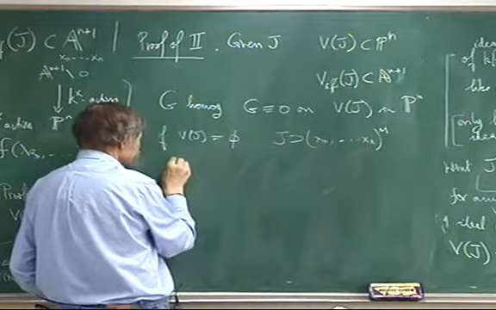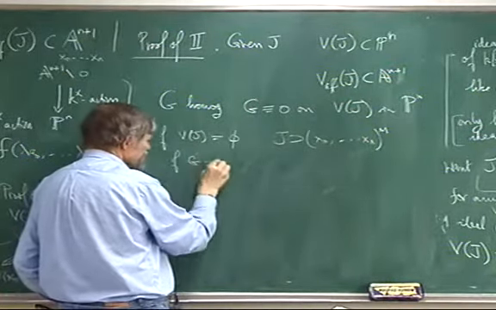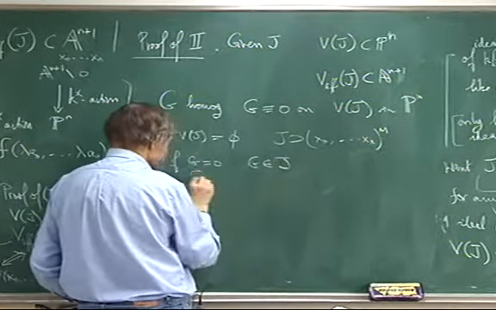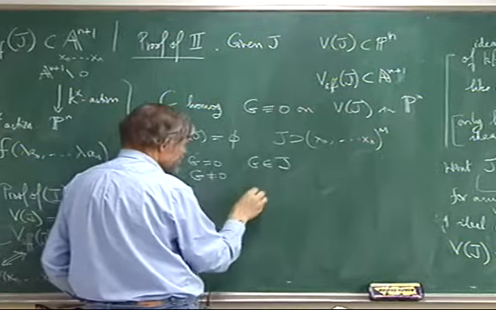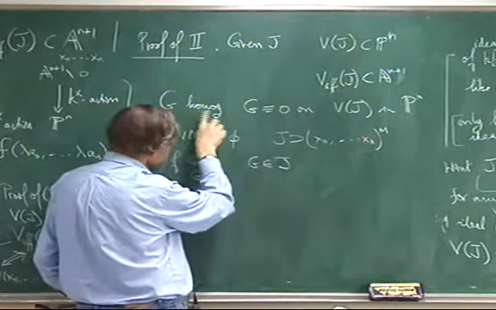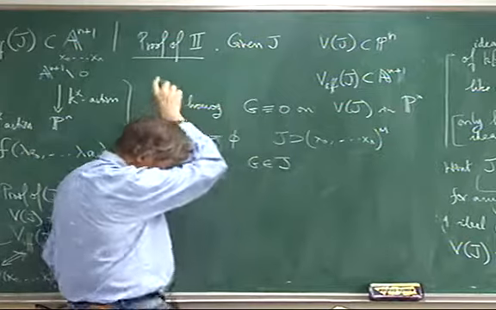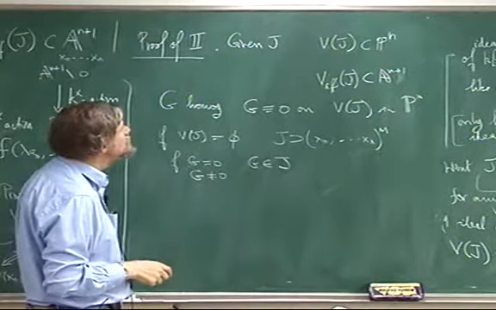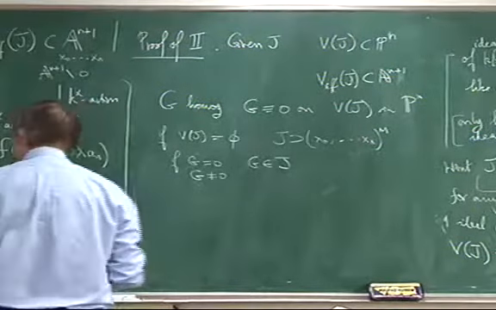And so if G is 0, then G is in J. If G is not equal to 0, then G is homogeneous. Could G be, could G be 1? Yes, okay. Okay, I'm wrong.